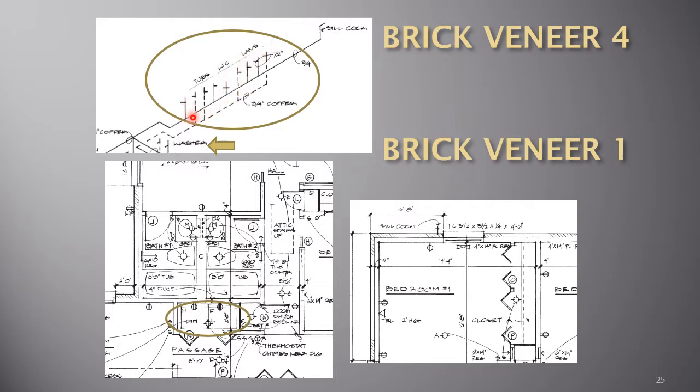Notice the tubs have hot and cold to this side, hot and cold to this side. Water closets just have cold either side. Lavatories, hot, cold this side, hot, cold that side. And lo and behold, it lines up with the floor plan showing the arrangements of the bathroom.